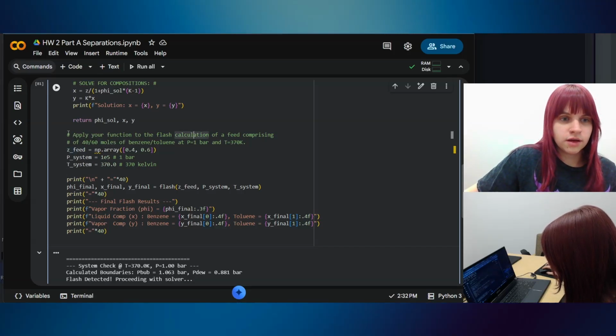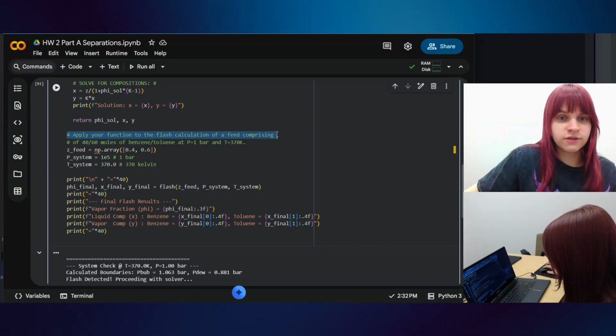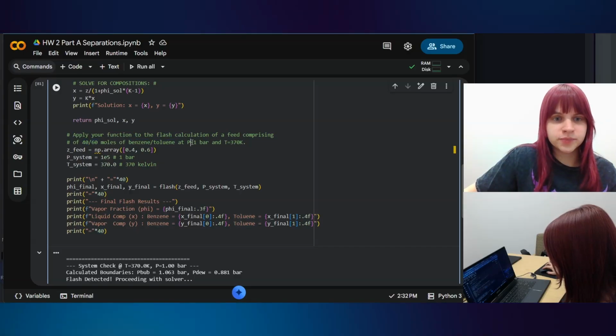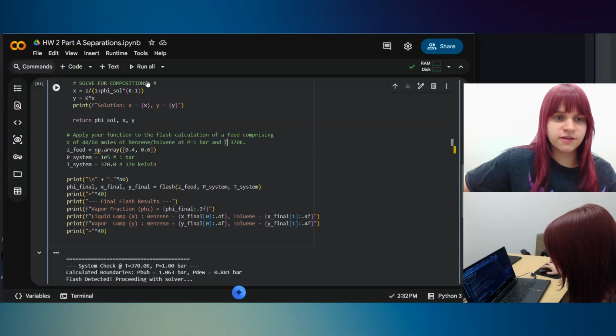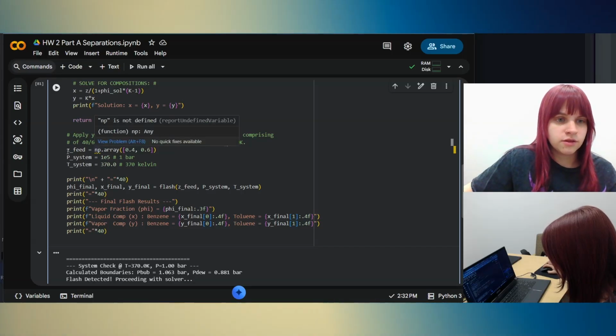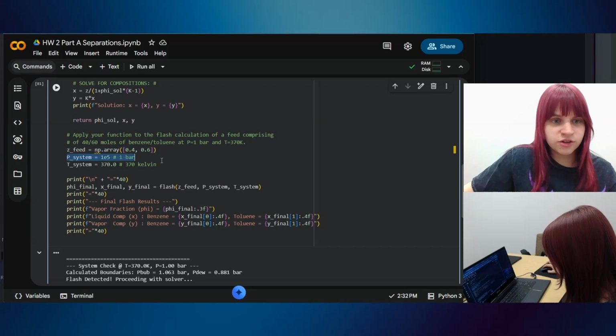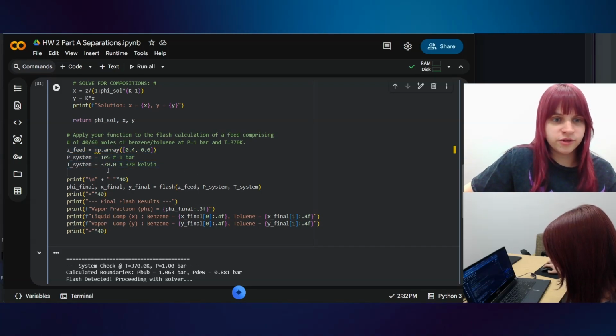So I'm applying my function to this flash calculation described. 40% benzene, 60% toluene at 1 bar and 370 Kelvin. So we set our feed right here, our system pressure to 1 bar and our system temperature to 370 degrees Kelvin.